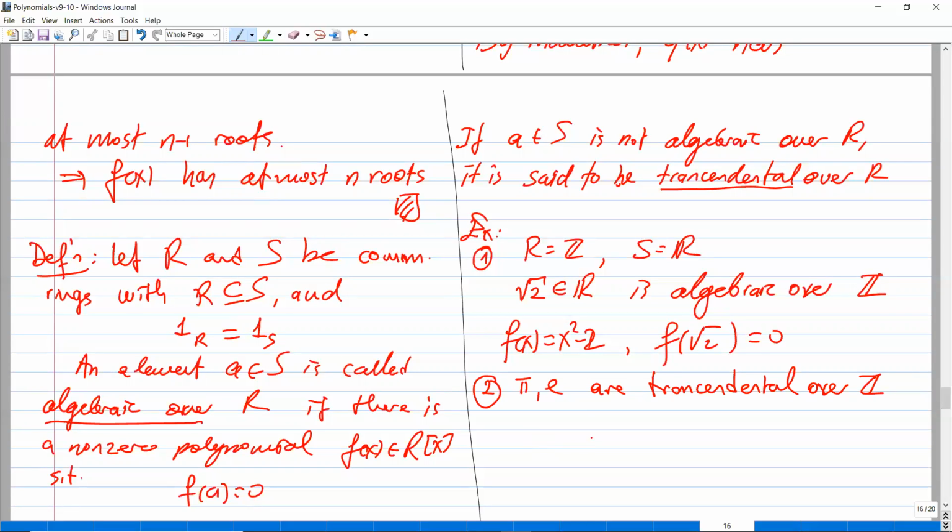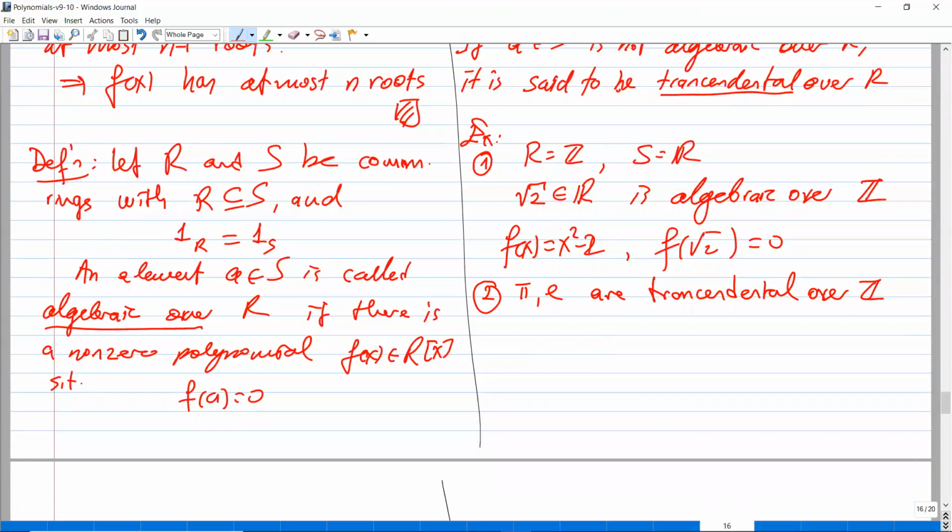Pi and e are real numbers, but there is no polynomial with integer coefficients such that it is 0 at pi or e. And we will not prove this. The proof is outside of the scope of this lecture.